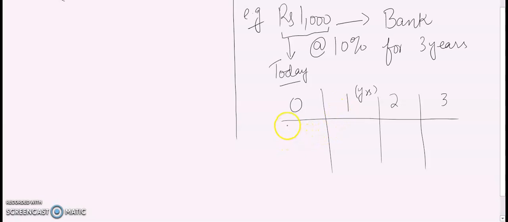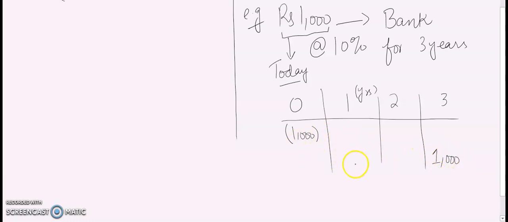So you invest that 1000 rupees here, shown as a negative figure, like an outflow. Okay. You get something here, you get something here, you get something here. You will get back your 1000 in year 3. Okay.